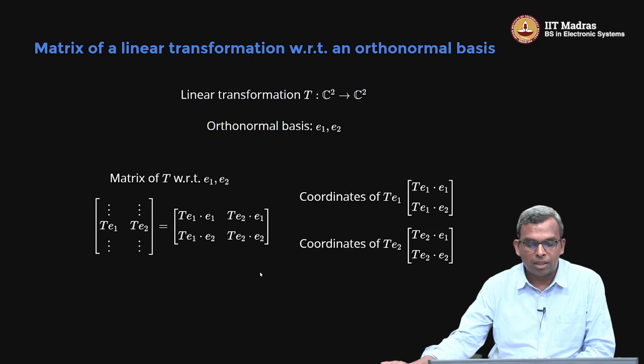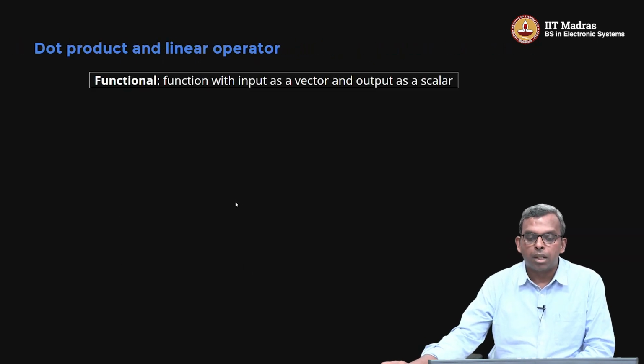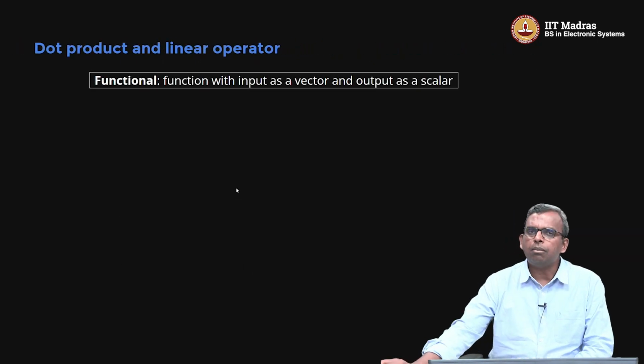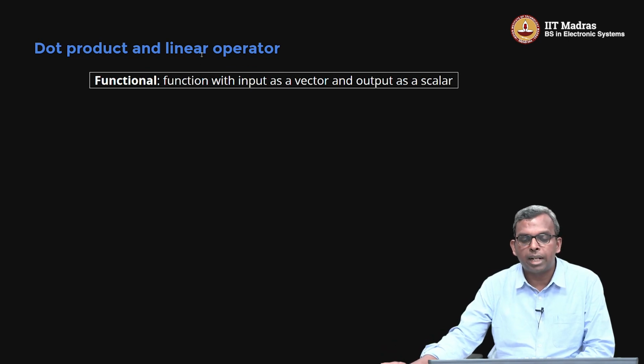Okay, so now this is one part of it. It turns out one can do a little bit more with this kind of idea. This dot product and linear operators together define something called a functional. What is a functional? A functional is any function with input as a vector or some other non-trivial quantity and output as a scalar.